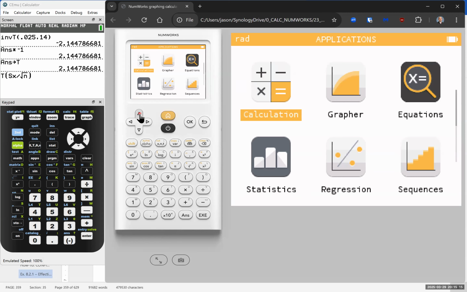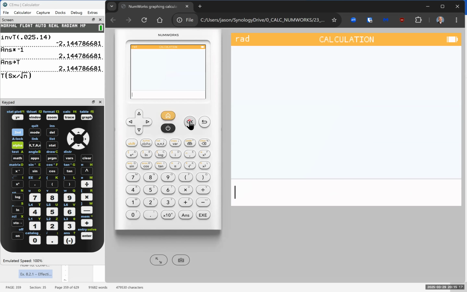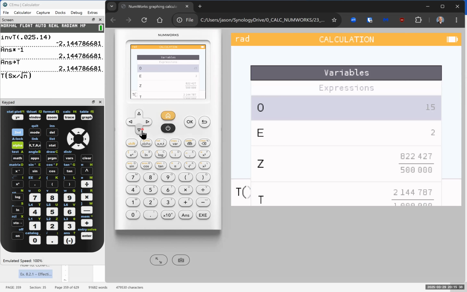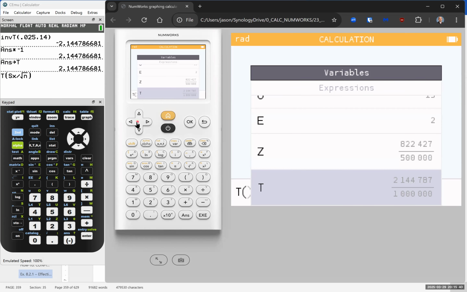So let's go to calculation, and I want to put the letter T in there. So let me hit shift alpha T parentheses. Now I want to put the standard deviation. So let me see what happens if I hit this variable button. Okay, that's not it.